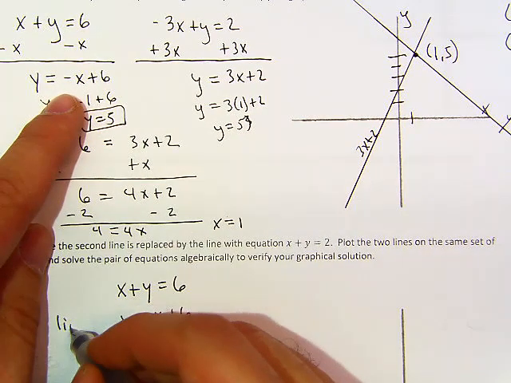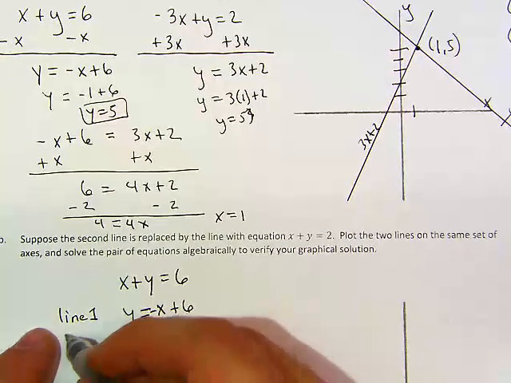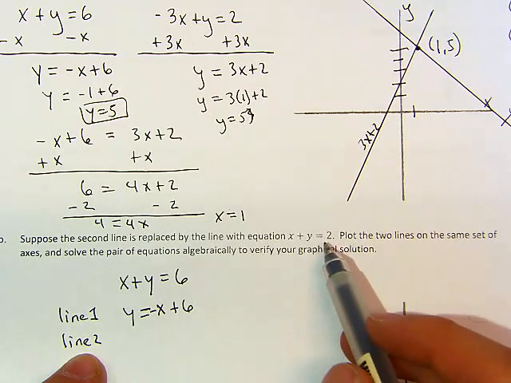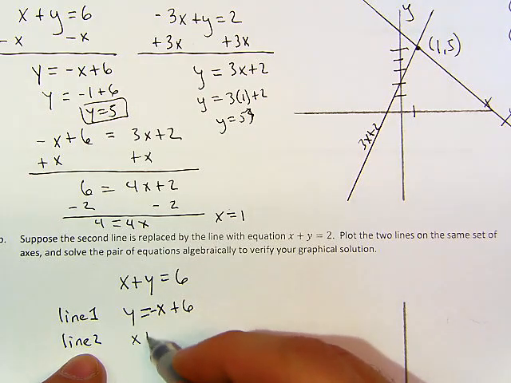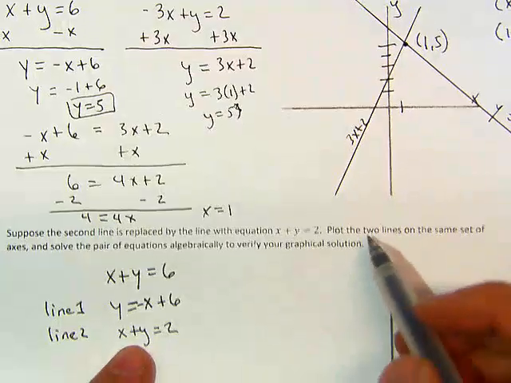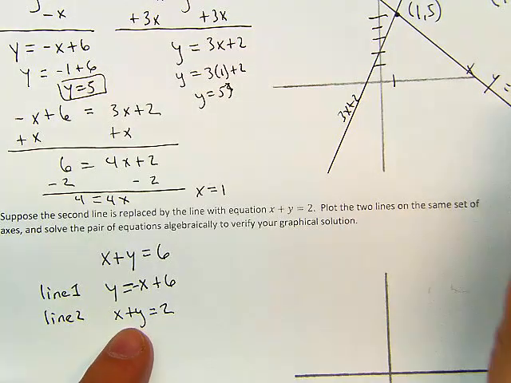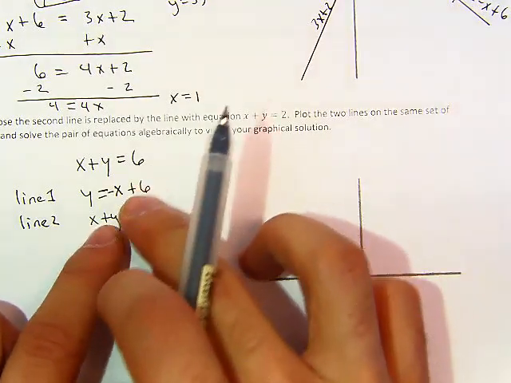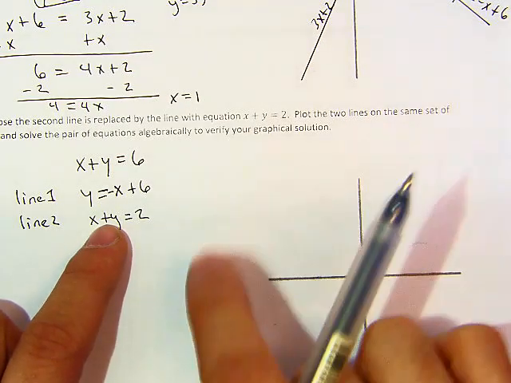So this is line 1. Line 2 looks like x plus y equals 2. Okay? So what they're saying to do is plot two lines on the same set of axes and solve the pair. So what we are going to do is, let's draw these out and then we're going to solve it.